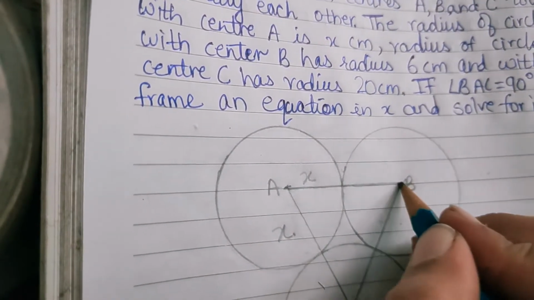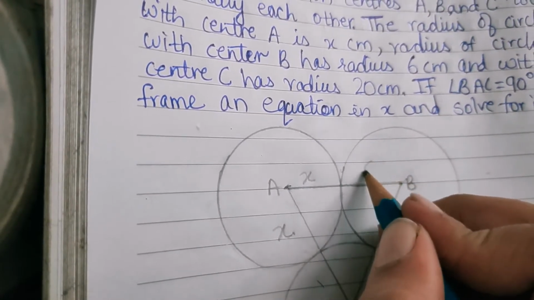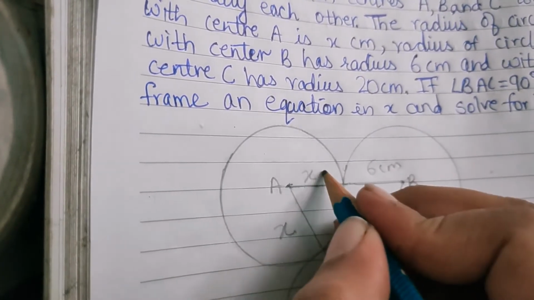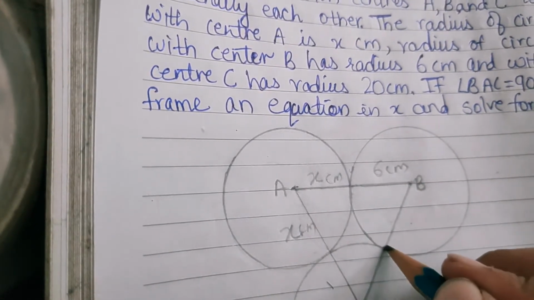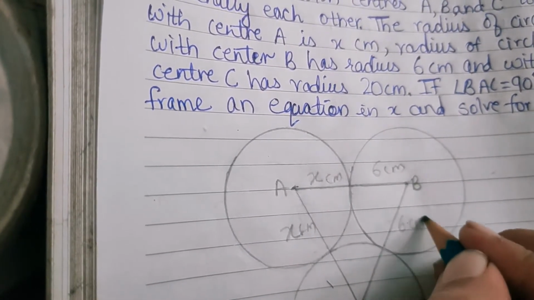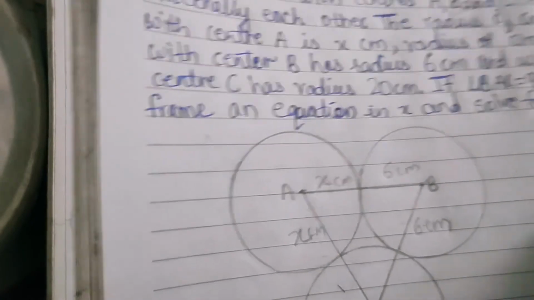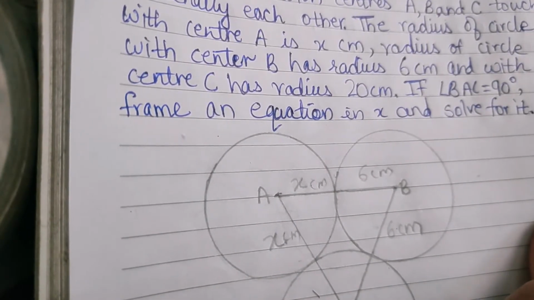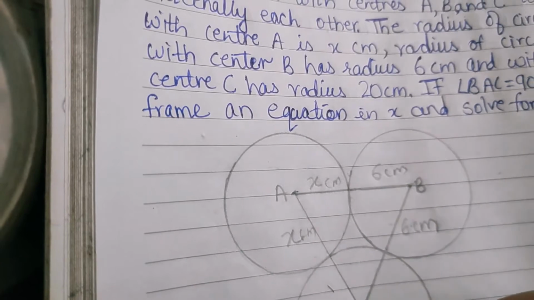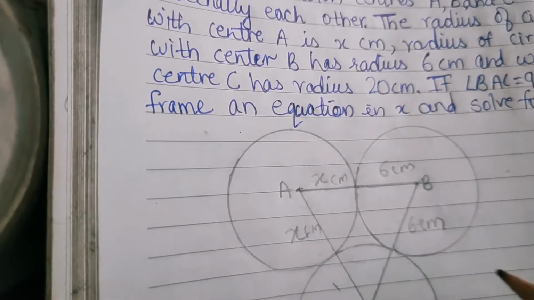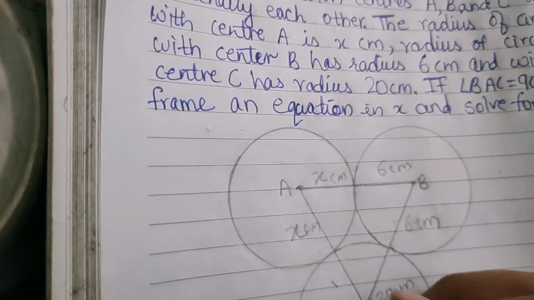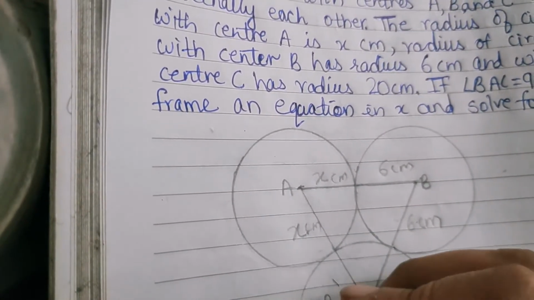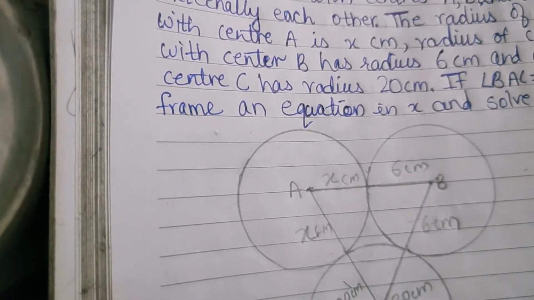So from here to here it will be 6 centimeter, and again from here to here it will be 6 centimeter, right? And the circle with center C has radius 20 centimeter. So from here to here will be 20 centimeter, and from here to here it will be 20 centimeter.